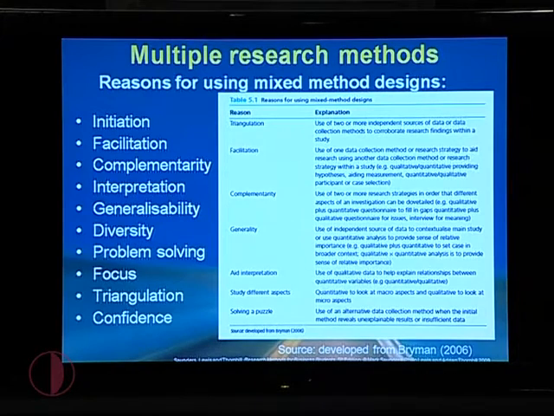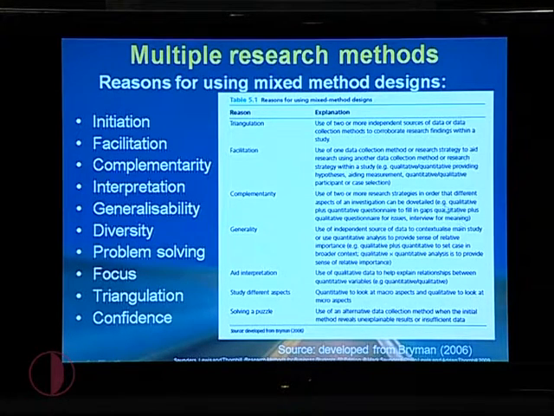So what are the reasons for using mixed methods, and why not just depend on one technique to collect the data? First, triangulation, to be sure that you get information from more than one source. Second, to fill gaps: if there are gaps or deficiencies in your information, it will be complementary.